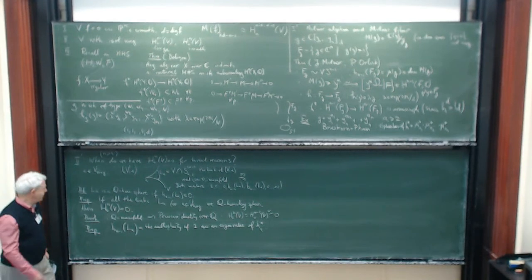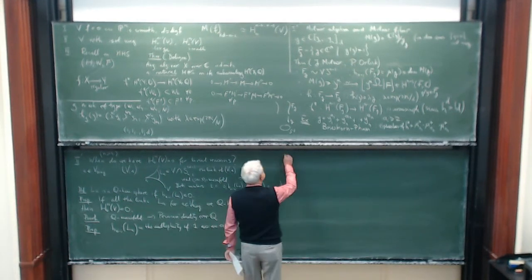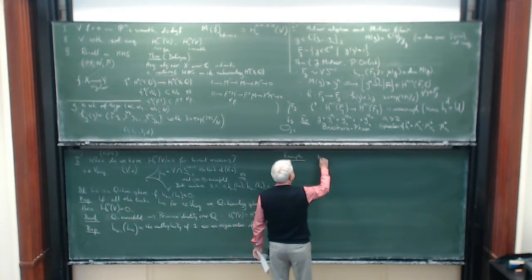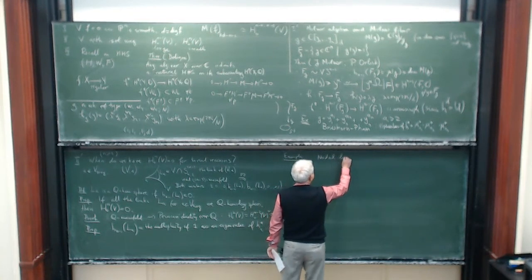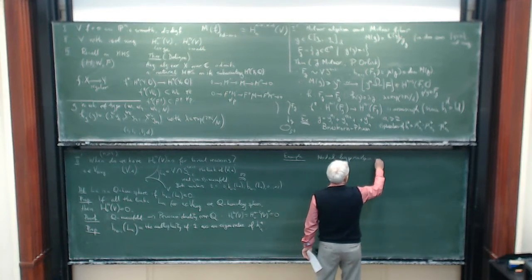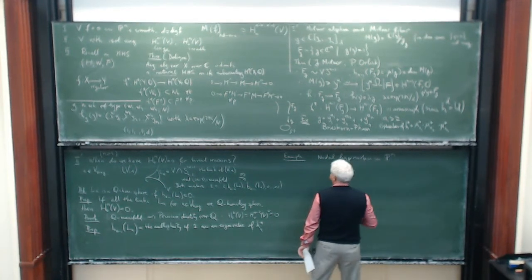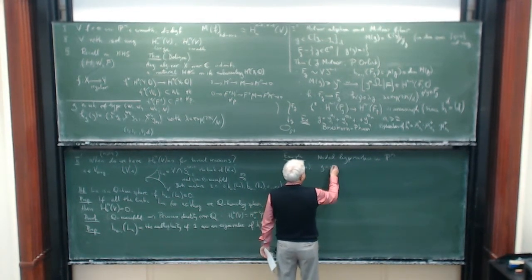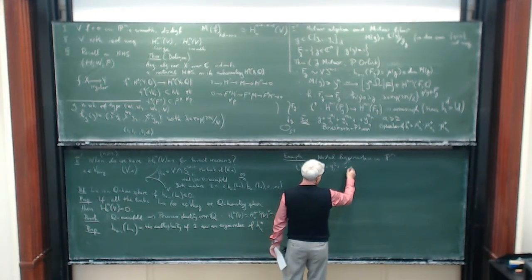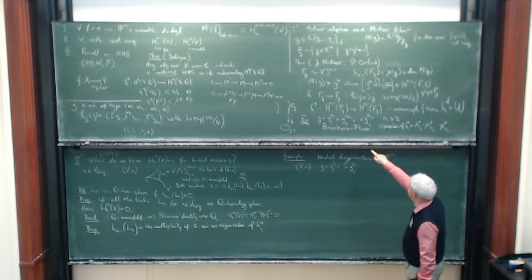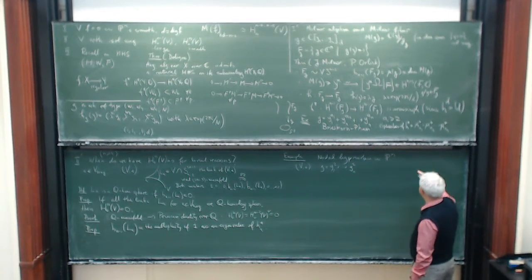And so now let's give an example. So what happens for nodal hypersurfaces? So assume we have a nodal hypersurface in P^n. This means that the local equation for any singular point is just a sum of squares. And this is exactly something of Brieskorn-Pham type. What are the eigenvalues?